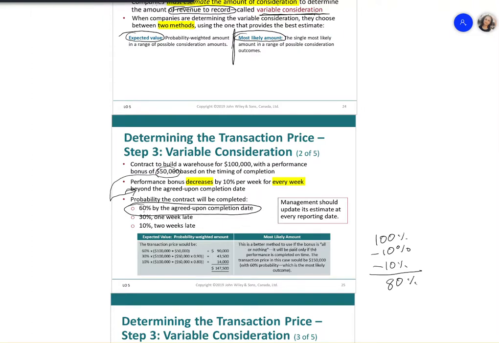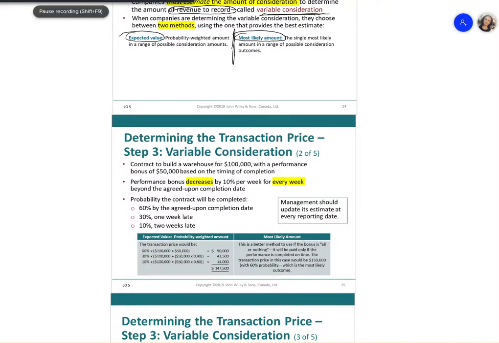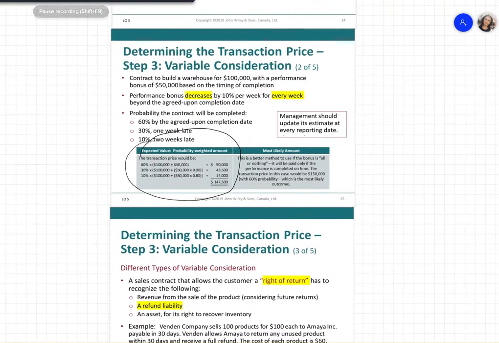But in this case, they said that it's decreasing. Management should update its estimate every reporting date, of course, because the probability can change. So the only one that fits for the transaction price is the expected value, which is the probability weighted amount.